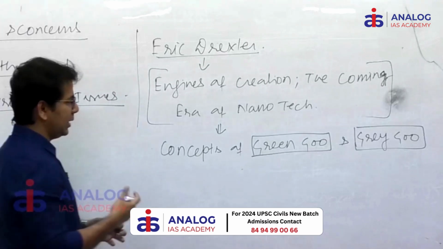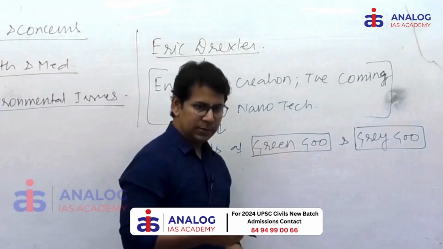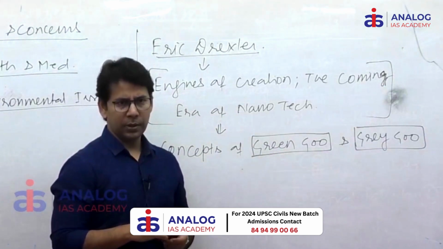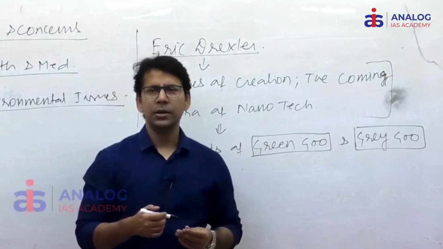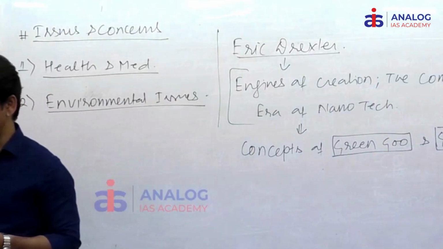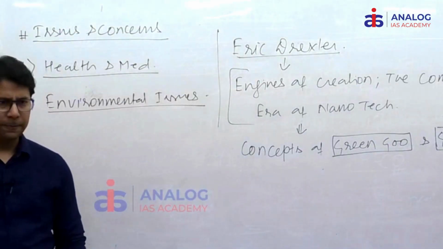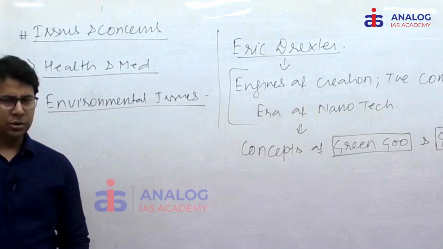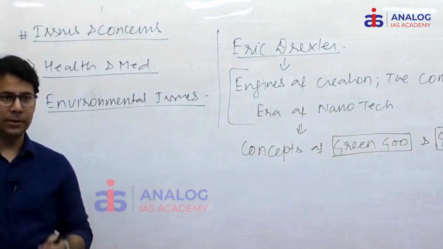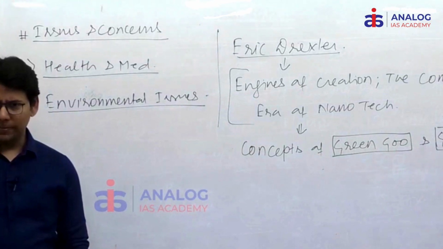When we say green goo, that means the nanotoxin which can kill life forms, right? Let's say we talked about silver nanocrystal, and we said silver nanocrystal can kill bacteria because it has some toxic ability towards bacteria.